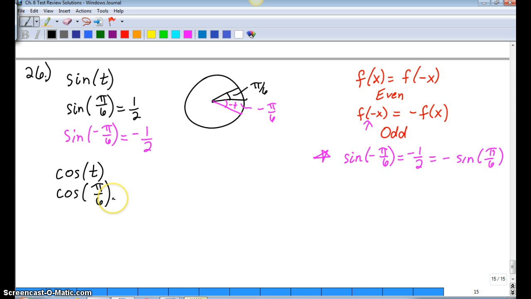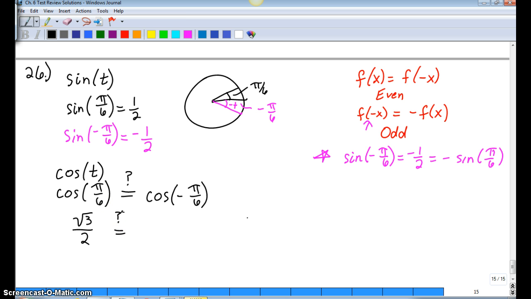Cosine pi over 6. Okay, so here's our f of x, cosine pi over 6. Our question is, is that equal to cosine of negative pi over 6? Well, let's see. Cosine pi over 6 is square root 3 over 2. Pi over 6 is in quadrant 1, so cosine's positive. Question mark over the equals.